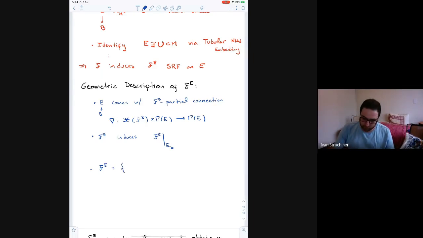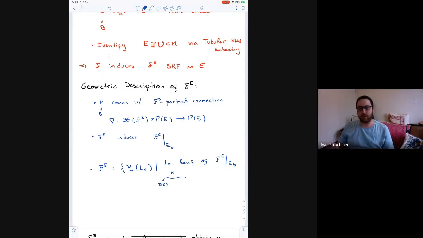The leaves are just the parallel translates of the leaves. So take a leaf L_E of F_E restricted to E_b, just the leaf inside the fiber of the vector bundle, and alpha a path starting at pi of e.